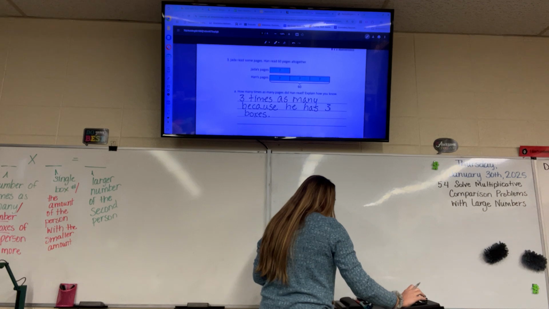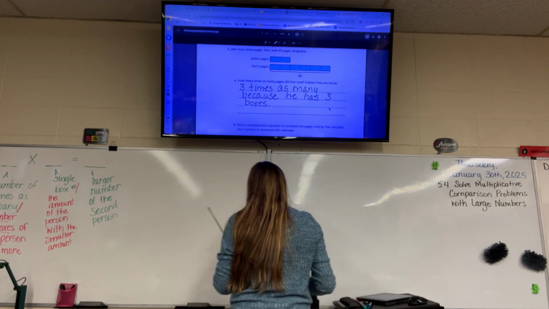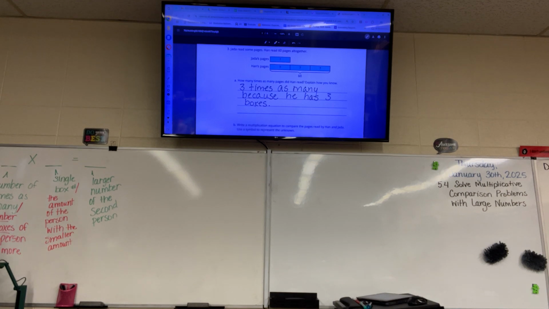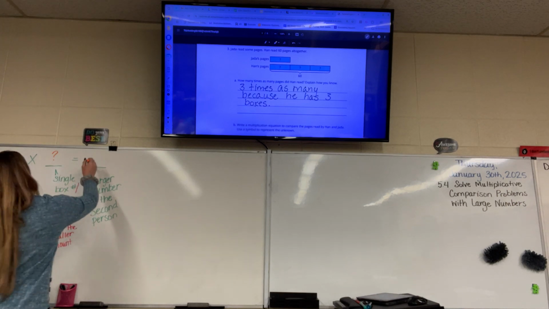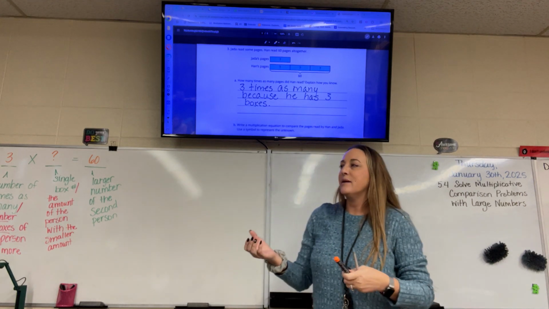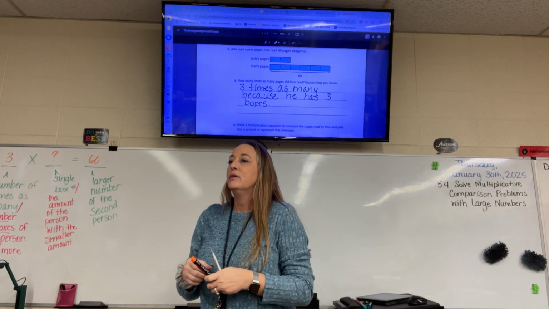And we know how many pages Han read. So the number of times as many goes here. What goes here in this problem? 3. 3 times as many as the single box number, we don't know. Equals what? 60. What do you multiply 3 times to get 60, Autrey? 2.